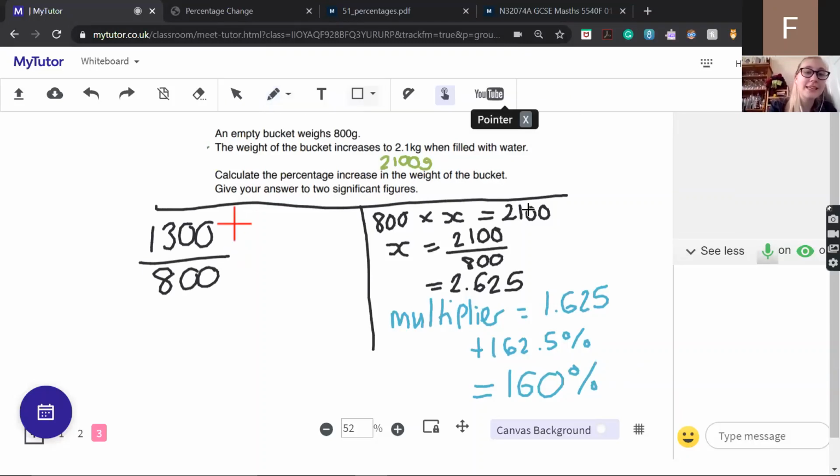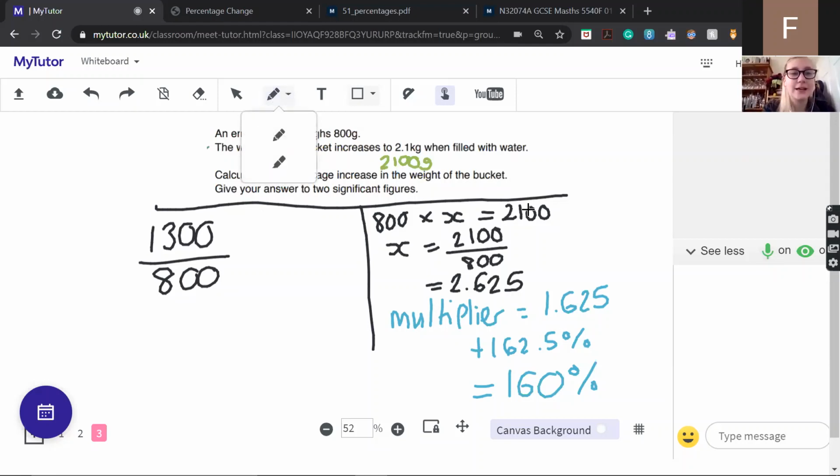You'll probably see this and shiver a bit because you've got a percentage that you're working out, but the numerator is bigger than the denominator. What? All that means is that you're going to get out a percentage that is bigger than 100. And you can kind of see this here because this is way more than twice this. So you know it's got to be more than 100% increase.